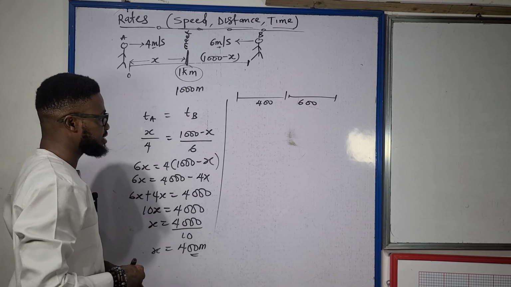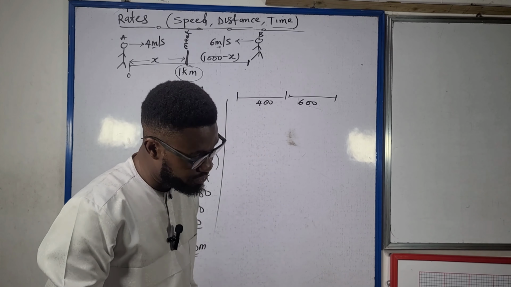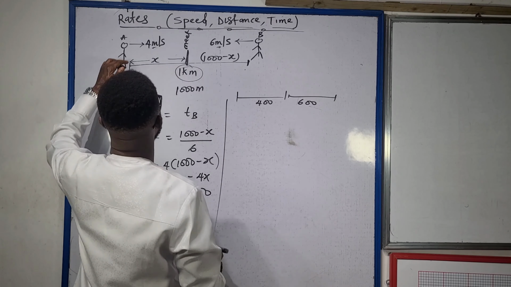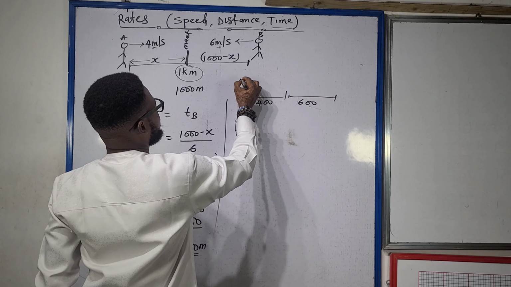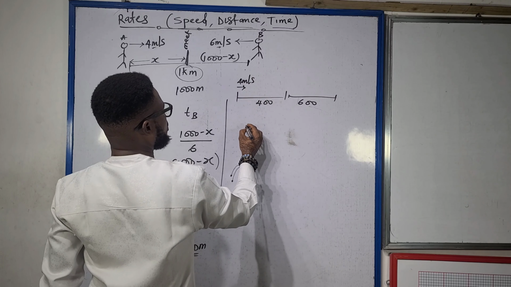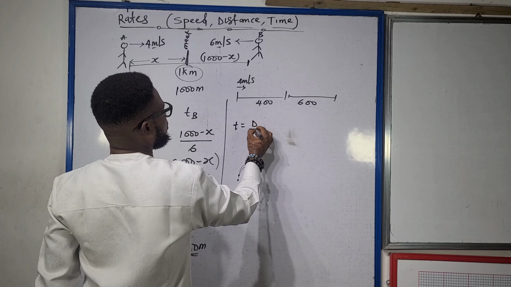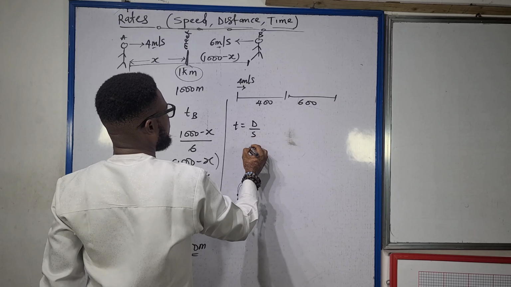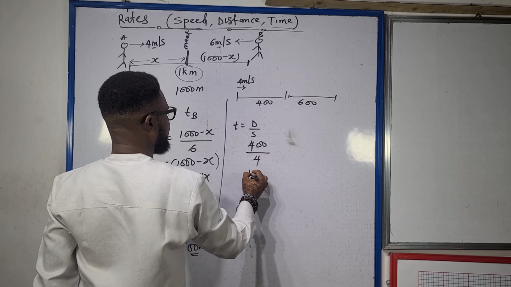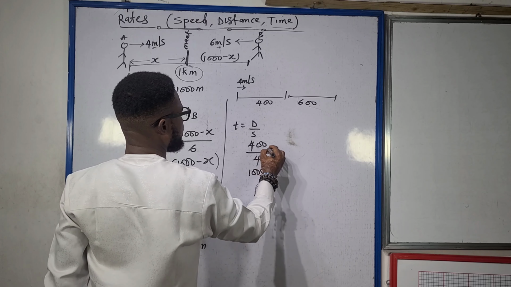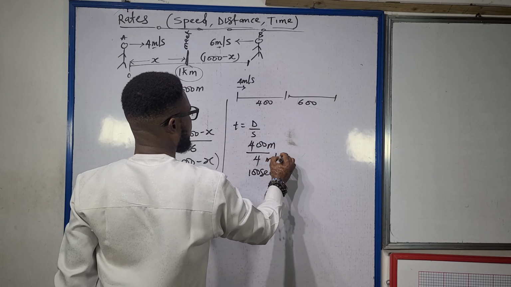But the question is this: after what time? How long will it take before they meet? This is moving at 4 meters per second, and the timing here is actually distance over speed. So this is 400 divided by 4, that is 100 seconds, because this is in meters and this is in meters per second.